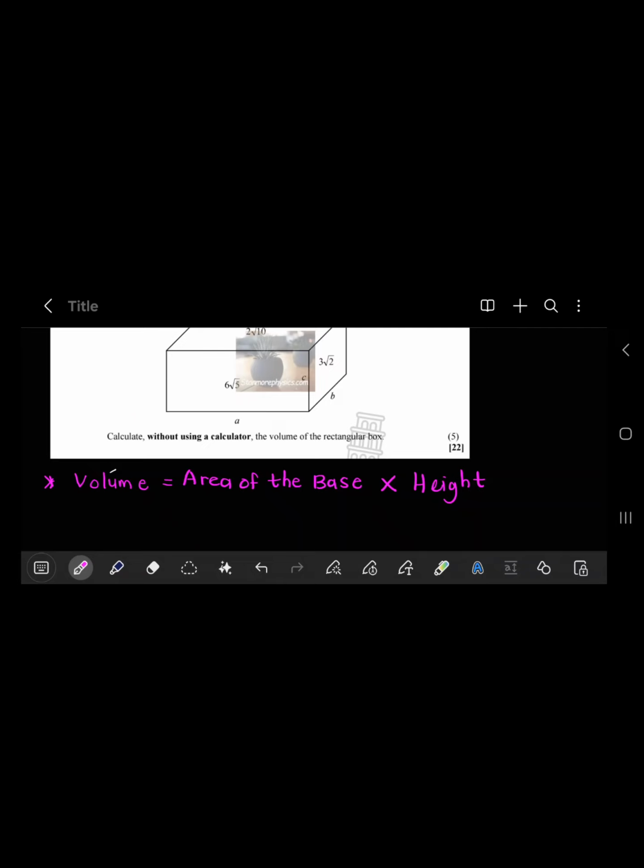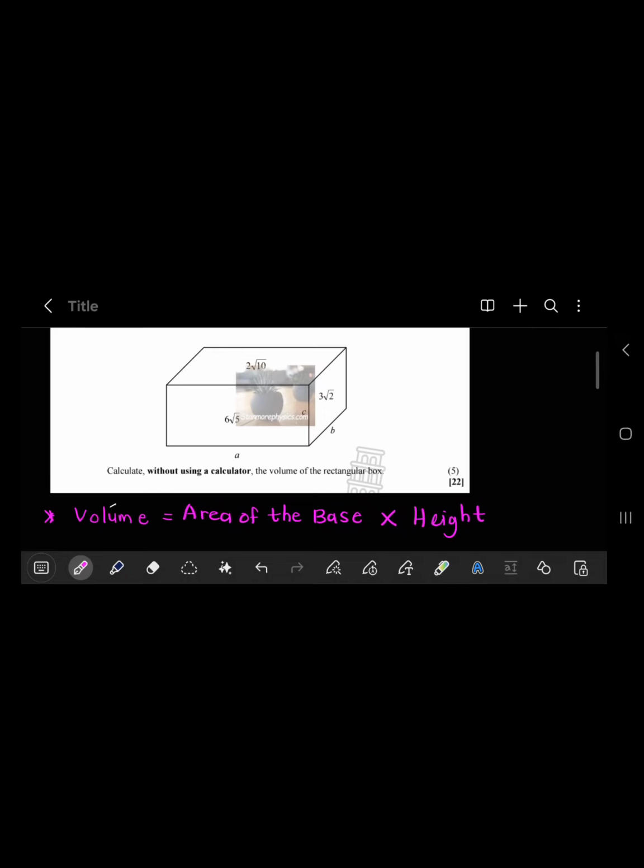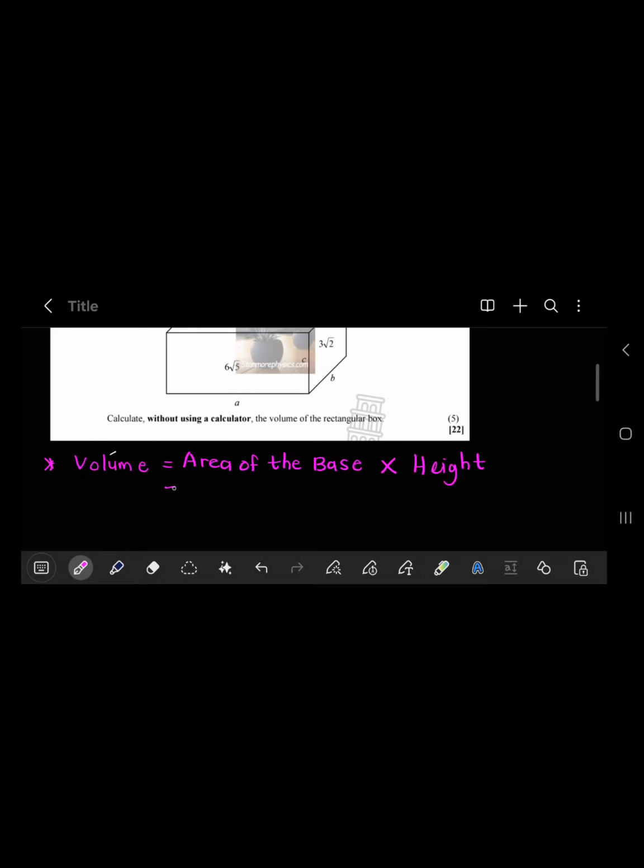So, in order for us to get the volume of this shape, I'm not working with the areas right now. I'm just working with the letters and the lengths that were given to us. Here we see that the length, the longer side, is A, the breadth is B, and the height is given as C. Now, following this formula, this is a rectangular prism.